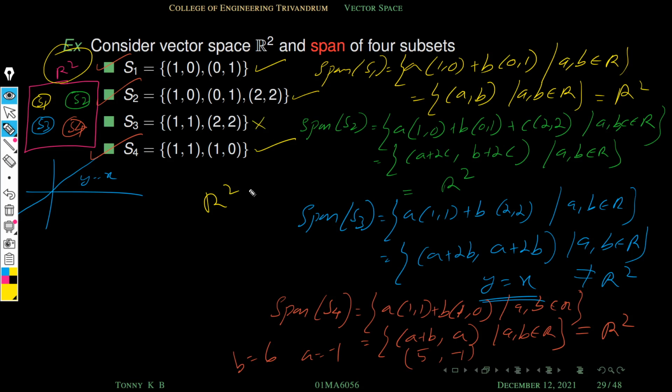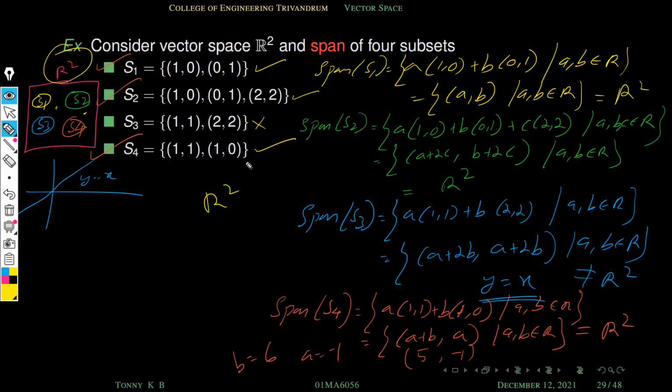We can represent R square using these three sets, because you can generate any element of R square using the elements of S1 or S2 or S4 by taking linear combinations. That's why I'm saying these three sets are representative of R square.